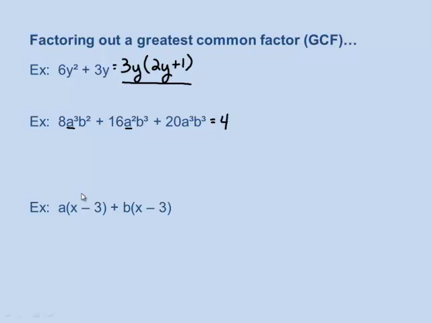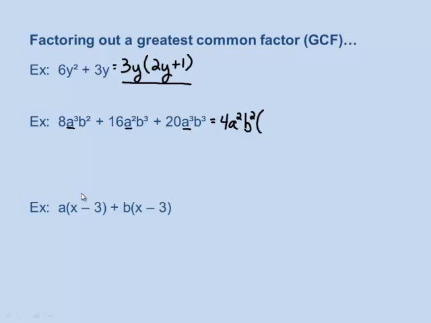For our factors of a, we've got 3 in our first term, 2 in our second term, and 3 in our third term. The number of a's that are common in all 3 is 2 of those, or a squared. And then b squared, b cubed, and b cubed, again, the amount that's common in all 3 is 2 of those b's, or b squared.